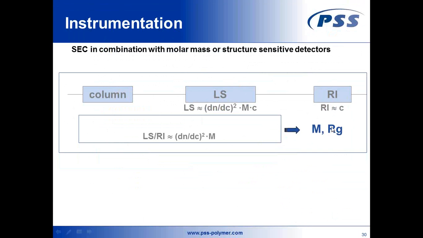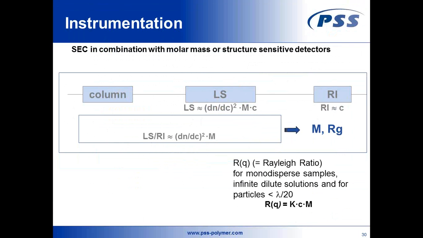We get molar mass and also structure information out of these coupling experiments when we add those two detectors at the end. Dividing the light scattering signal by the concentration signal, we end up with the molar mass information. So using this technique, we can determine the molar mass of an unknown protein under certain conditions.